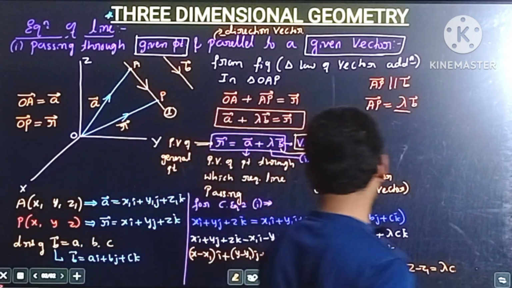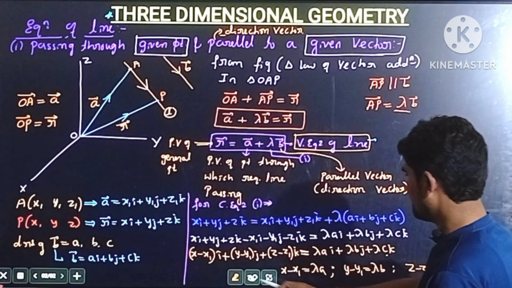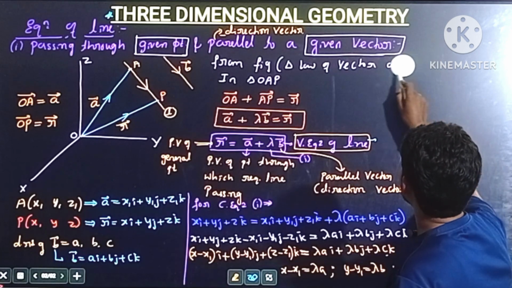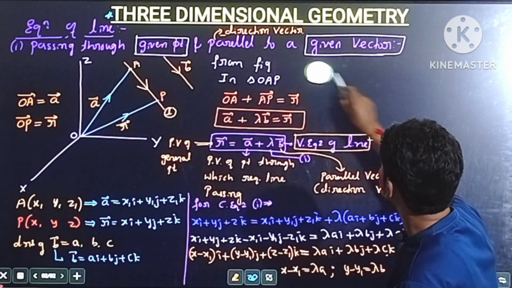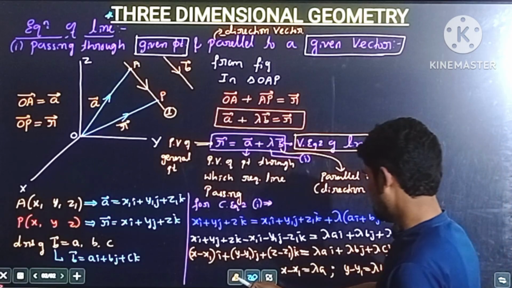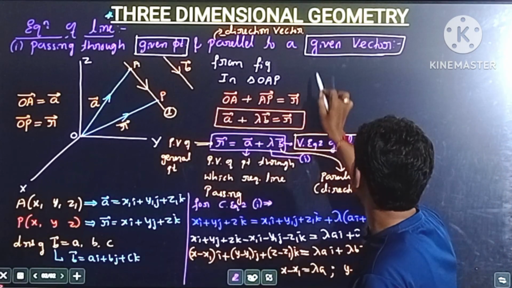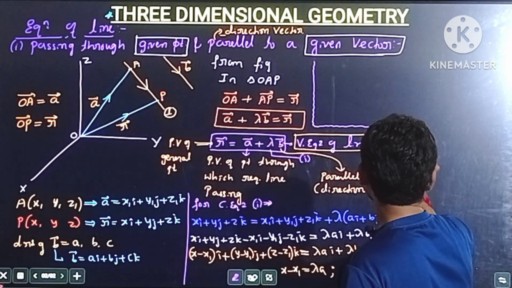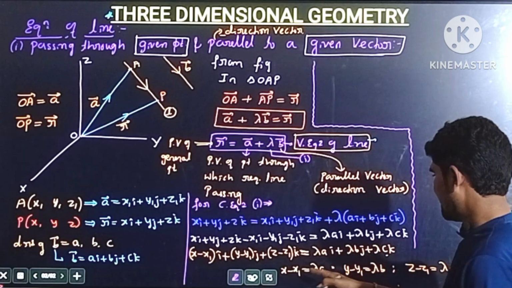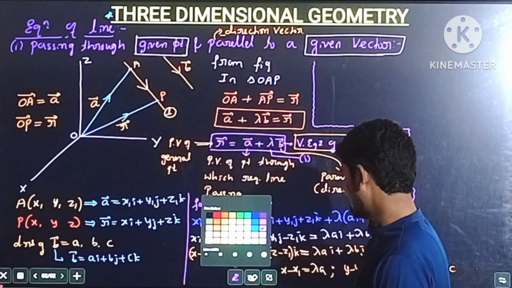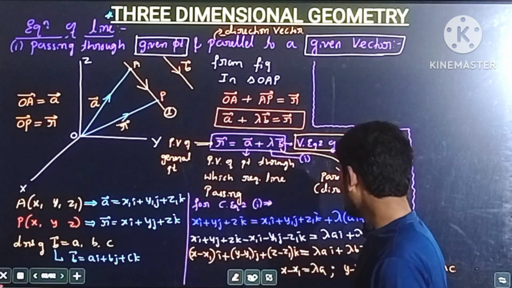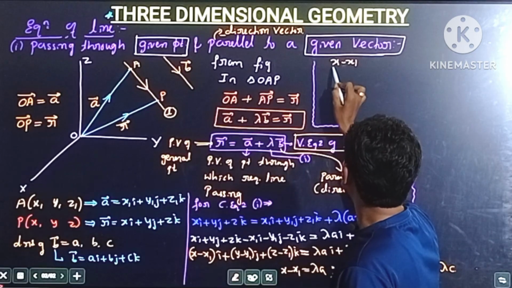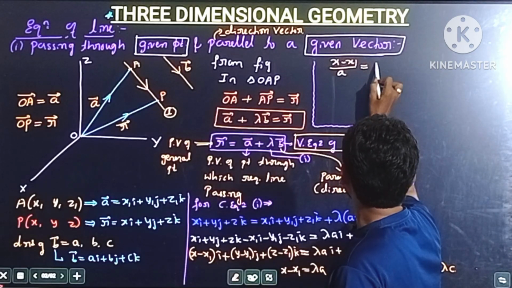Now see here, from these three equations, we may write first x minus x1 is equal to lambda a can be written as x minus x1 divided by a is equal to lambda.